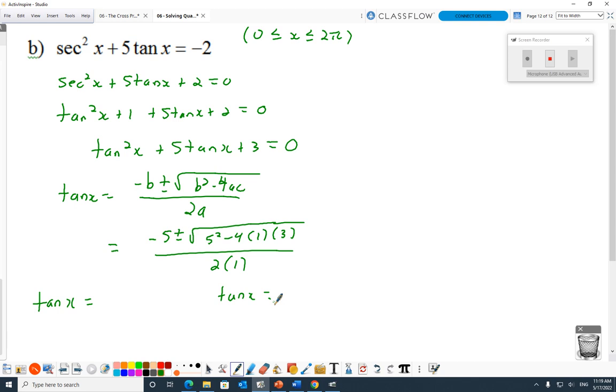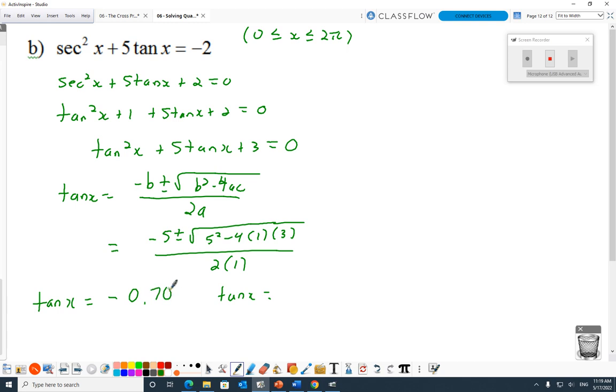I'll break out some power here. Especially if you've got your fraction calculator, your Casio, these are not too bad to type in anymore. Negative 5 plus square root of 5 squared minus 4 times 1 times 3, all over 2 times 1. I get negative 0.70.